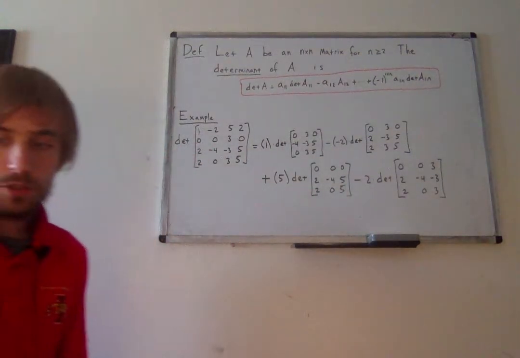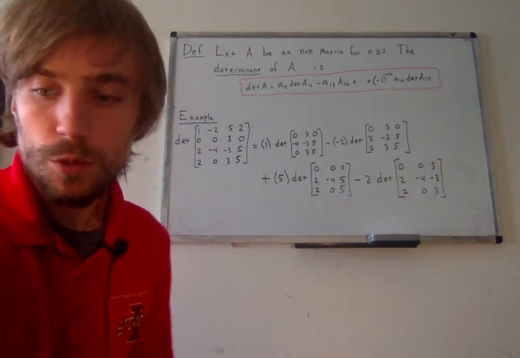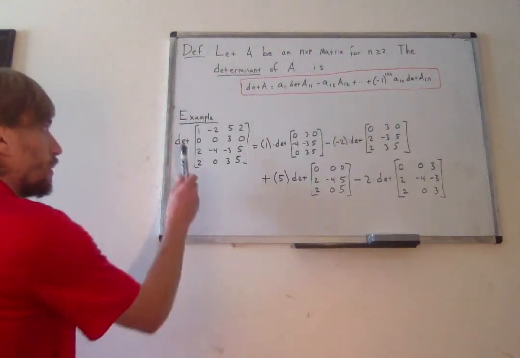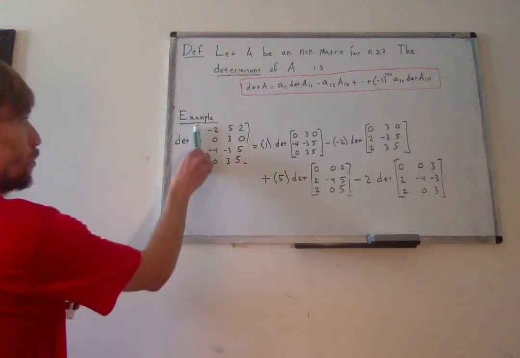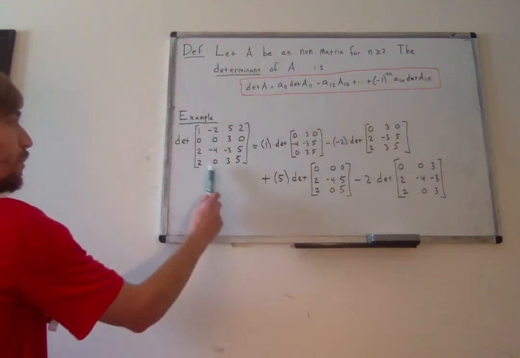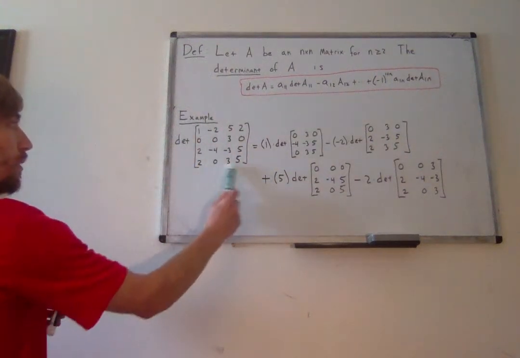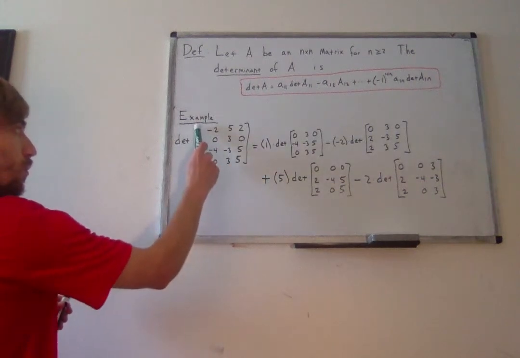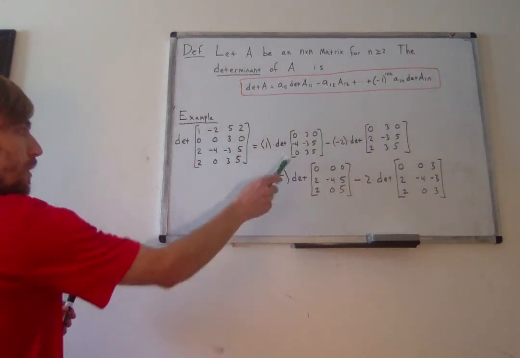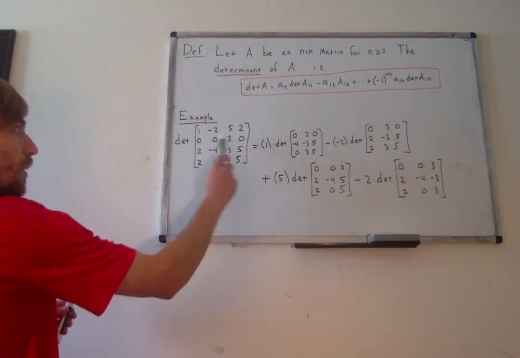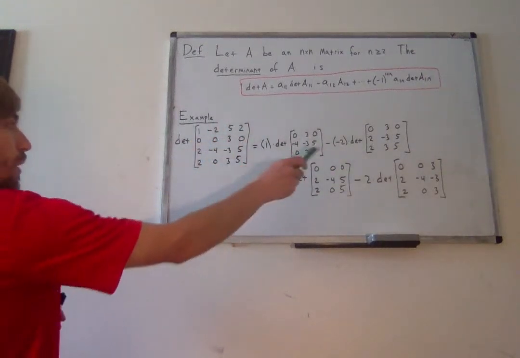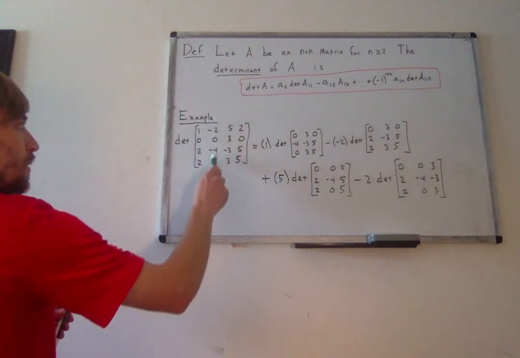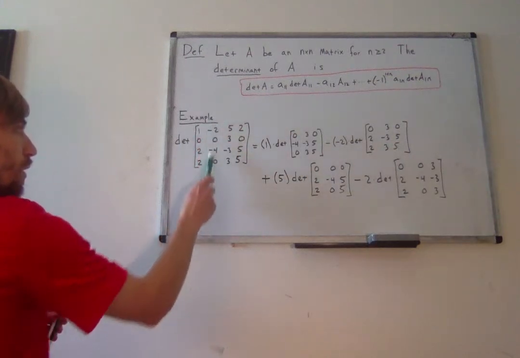Under this definition, what I'm supposed to do is take this 1, delete row 1, column 1, which leaves me with this 3 by 3 matrix here. So multiply 1 times the determinant of this 3 by 3 matrix, then subtract -2 times the determinant of the 3 by 3 matrix I obtain when I delete row 1, column 2.